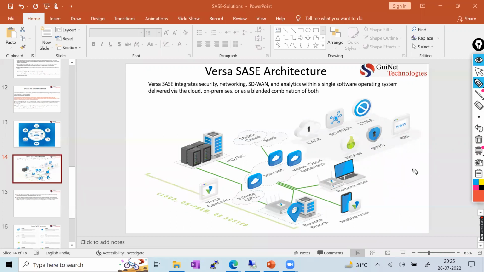So whenever you're having this kind of solution like secure web gateway, again Zscaler has the secure web gateway, that is a GIA proxy. You use the Bluecoat proxy, you have the Palo Alto proxy, you have other vendor proxies. So you should know the proxy as well, how the proxy is going to be integrated and how they are going to make sure your gateway traffic, whatever you are sending, is very secure.